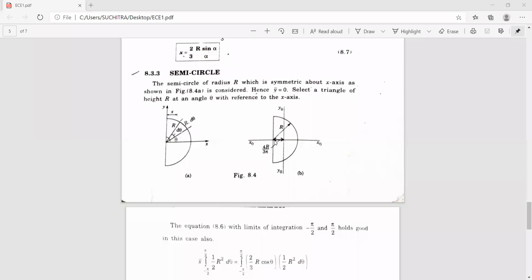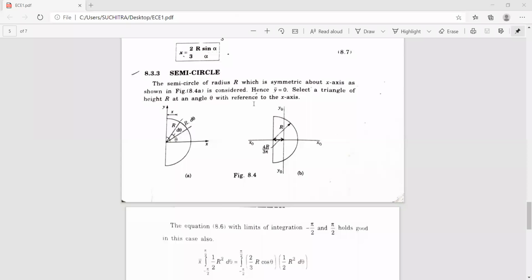Only thing is you have to look for the axis of symmetry, whether the given semicircle is symmetrical about x-axis or y-axis. If it is symmetrical about x-axis, then y bar becomes 0 and x bar is 4r by 3 pi. The other way, if the semicircle is symmetrical about y-axis, x bar is 0 and y bar will be 4r by 3 pi. When we solve numerical problems, we'll understand the concept better.